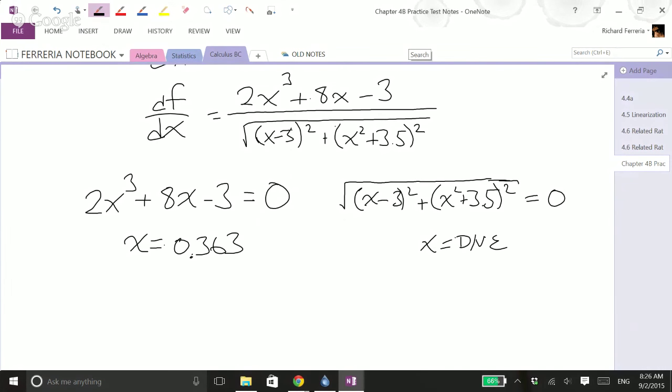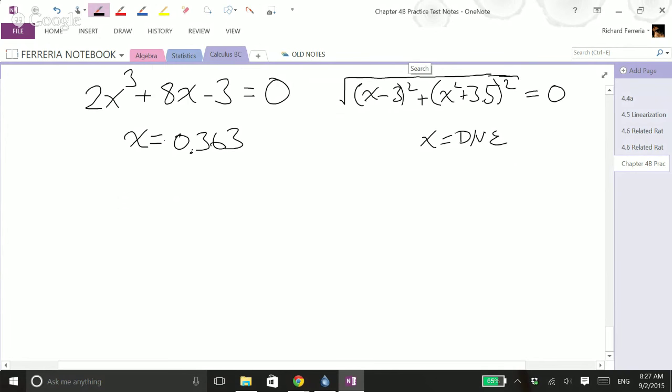So we need to check to see if this is a relative minimum or a relative maximum. I don't think you want to take a second derivative here. No? Probably not. So let's do our first derivative chart. Here's our first derivative test.